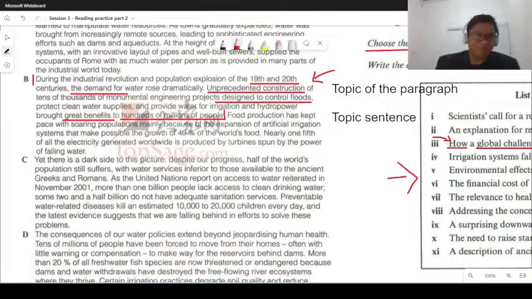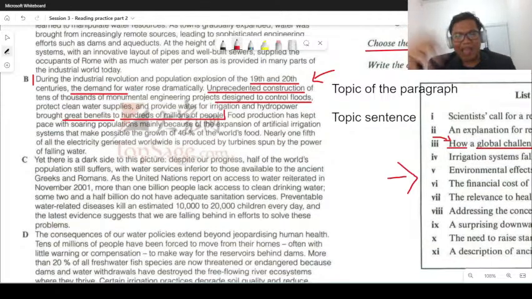That is why I mentioned this in the previous session, and I'm going to repeat it here as well. In reading, it's probably the best section where you can literally try to score the maximum, right? Because you can check whether your answer is correct or not.